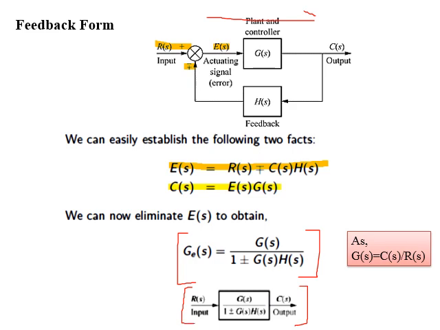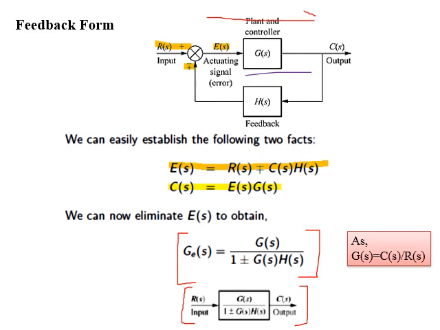The equivalent transfer function is the forward path transfer function G of S divided by 1 plus minus G of S into H of S. This product of G of S and H of S is known as the open loop transfer function.